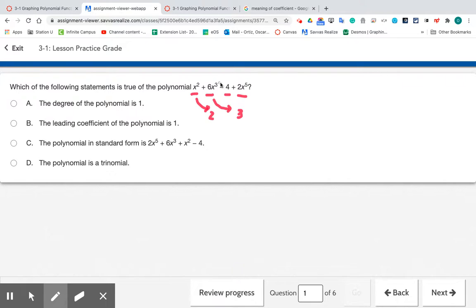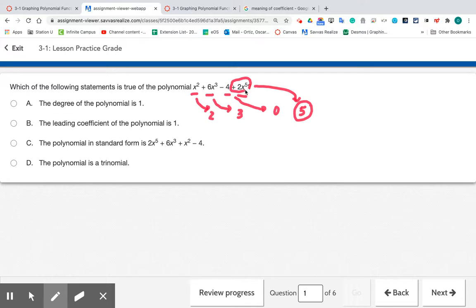I'm paying attention to the exponents. The next one has degree 0. We concluded that the degree of a constant is 0, and here the degree is 5. So because of that, we know the greatest number is 5, so that's going to be the degree of the polynomial. So this is clearly not true.